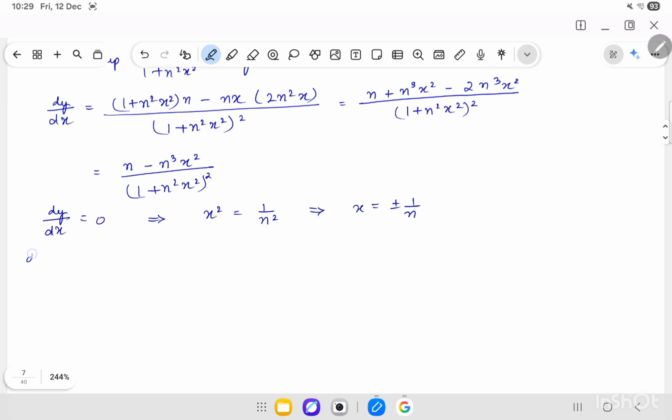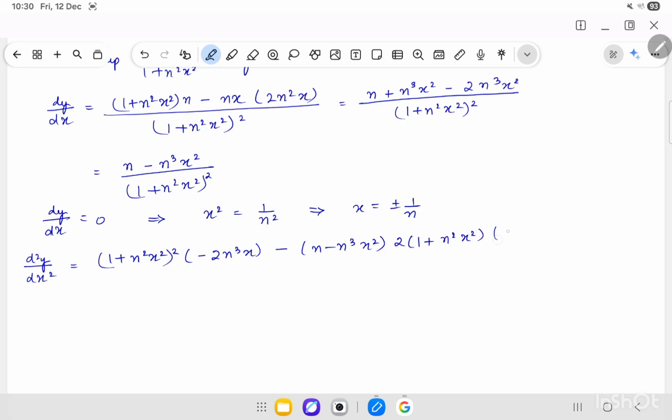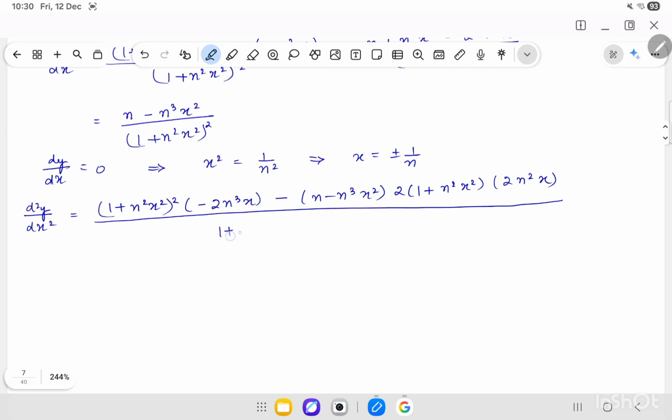For that we need to evaluate d square y by dx square, that will be equal to (1 plus n square x square) whole square times minus 2n cube x, minus (n minus n cube x square) times (1 plus n square x square) times 2n square x, divided by (1 plus n square x square) raised to 4. Now we can balance out one power from here and here, so it will be 3.